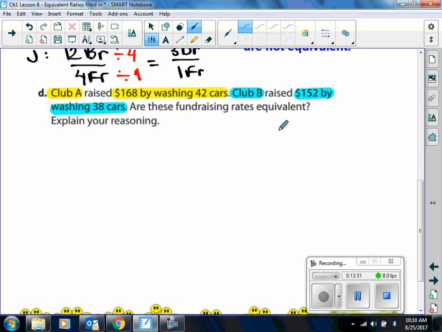And once again, we're going to change those to unit rates and compare.